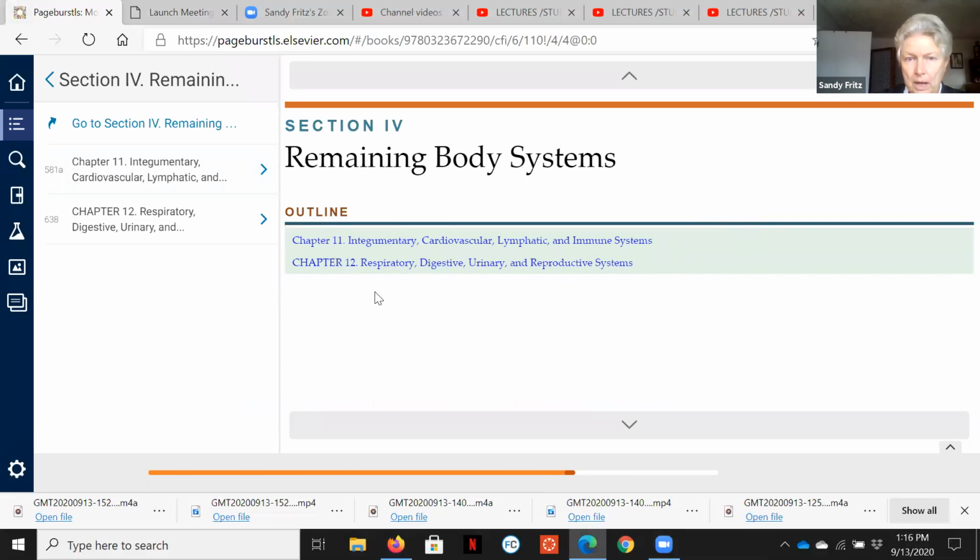And chapter 12 has respiratory, digestive, urinary, and reproductive. And the content is targeted in these chapters to develop a platform for methods that might specifically address these areas in massage to mimic or support normal function.